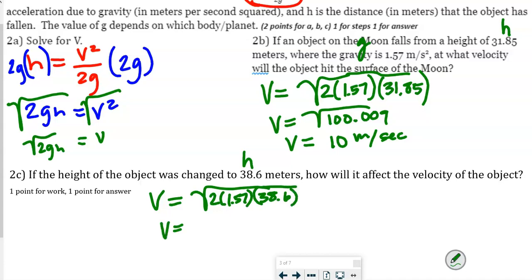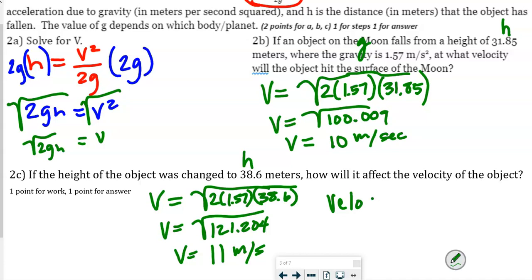V is going to be equal to, this is now the square root of 121.204, and when we go ahead and take the square root of that number, we get 11 meters per second. Okay, so then part C says, how does it affect the velocity of the object? So if we talk about how this affected it, when it changed, the velocity increased by 1 meter per second.